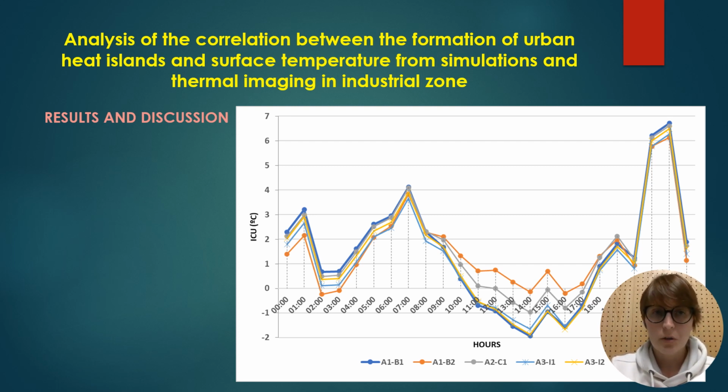The maximum thermal difference recorded by these researchers, 7.2 degrees, was recorded at 7 p.m. in areas of popular residential neighborhoods and commercial and service areas with a greater flow of people and vehicles and built density.